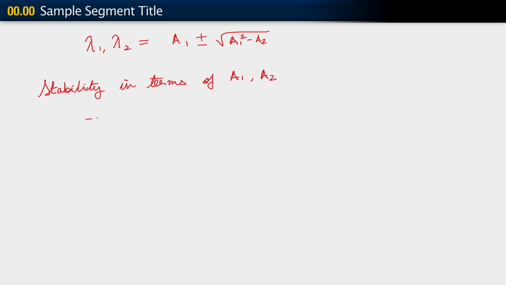We get minus (a2 plus 1) divided by 2 is less than or equal to a1 is less than or equal to (a2 plus 1) divided by 2 if the magnitude of a2 is less than 1.